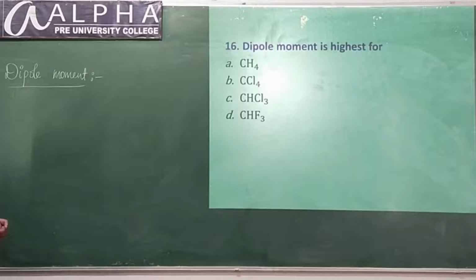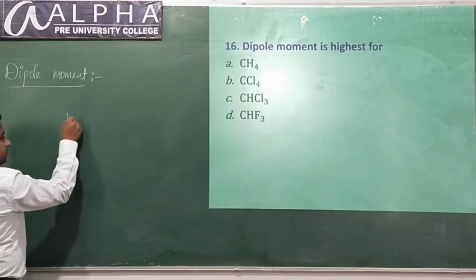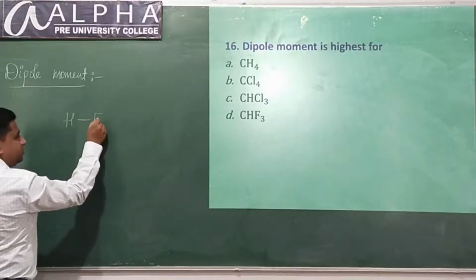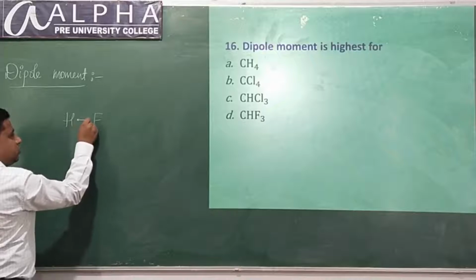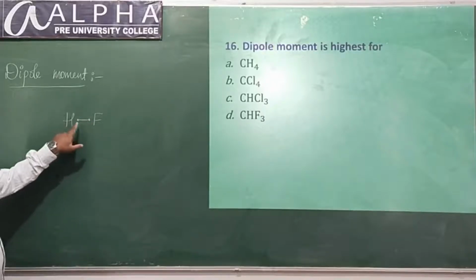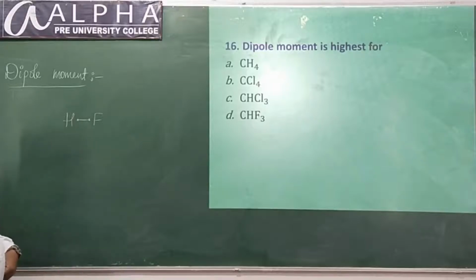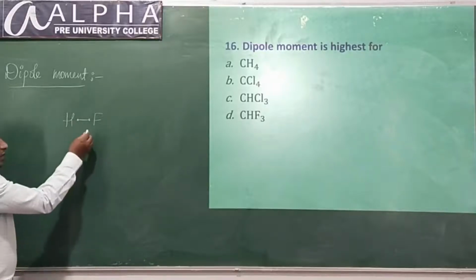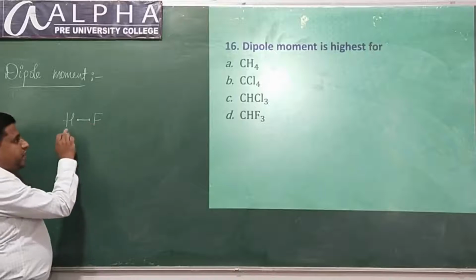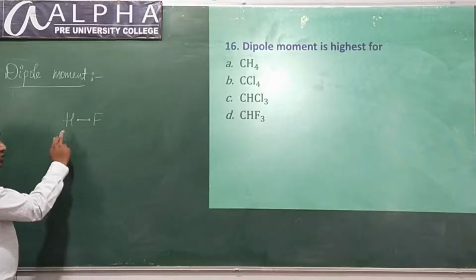See, if I consider hydrogen fluoride, a very well known concept. Hydrogen will share one electron, fluorine will share one electron, and they form a covalent bond. But fluorine is more electronegative than hydrogen, isn't it, students?